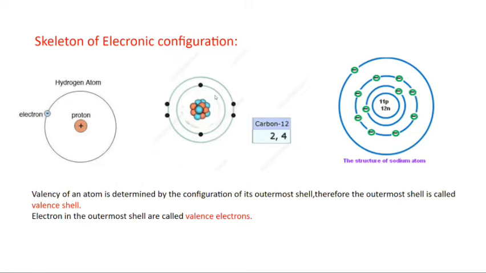So how many electrons? 6. So 1, 2, 3, 4, 5, 6. But in the first shell only 2 electrons are possible. So 2 electrons stay here and the remaining 4 electrons revolve in the second shell. So this is the skeleton electronic configuration of carbon.